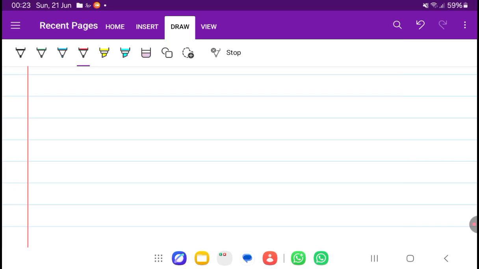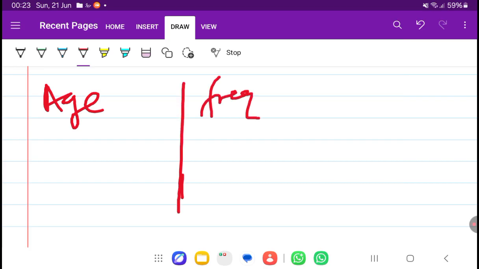We can have those which are too small. You can have classes that have edges, and then the frequency.